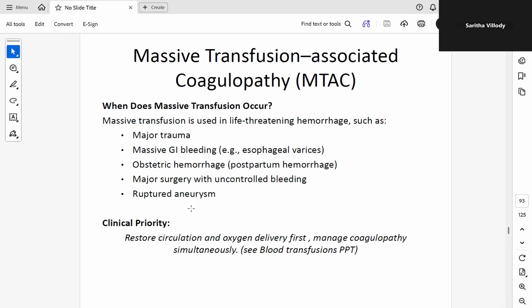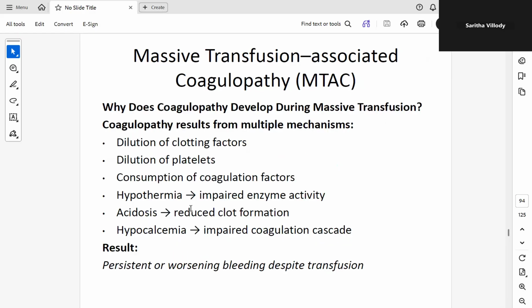But in a nutshell, because of that excessive transfusion, the clotting factors, platelets, and the coagulation factors, everything is diluted in the blood. With massive infusions, we'll also see hypothermia and acidosis, and low calcium levels.